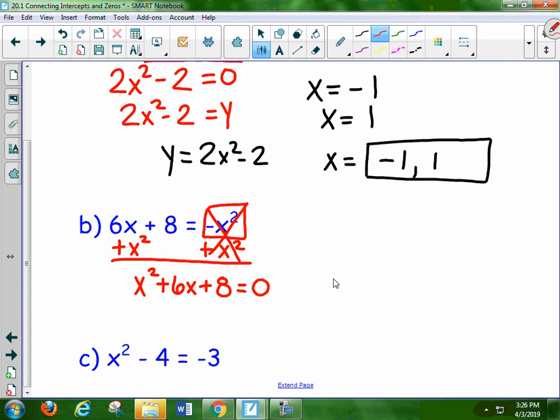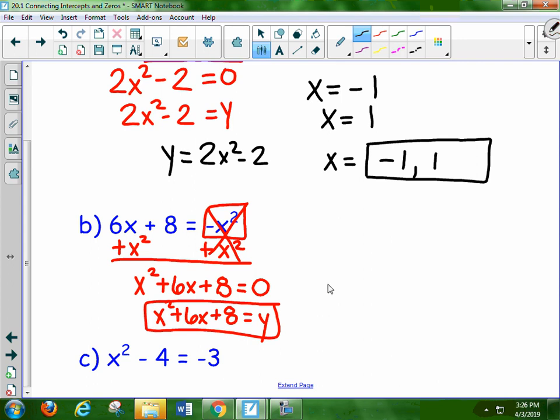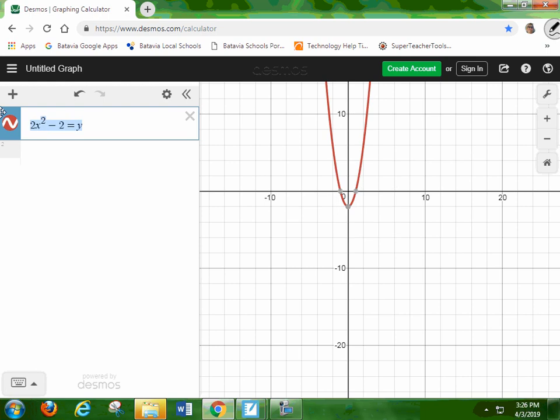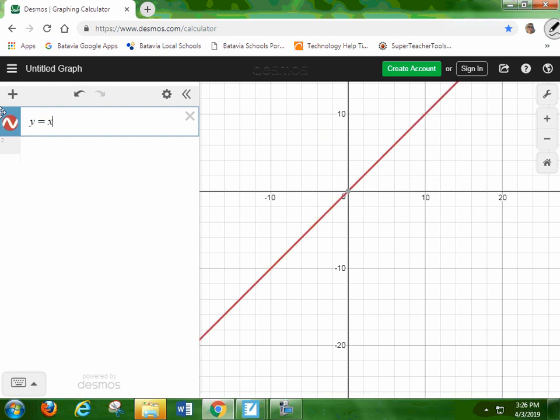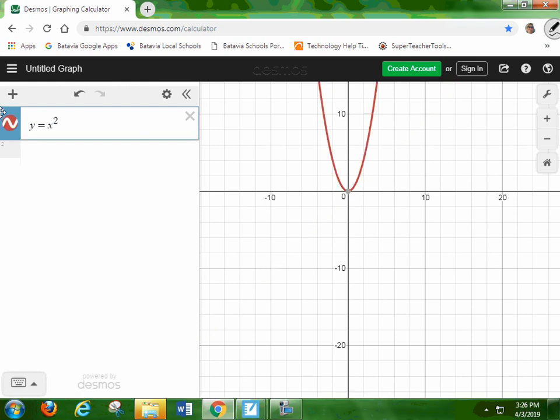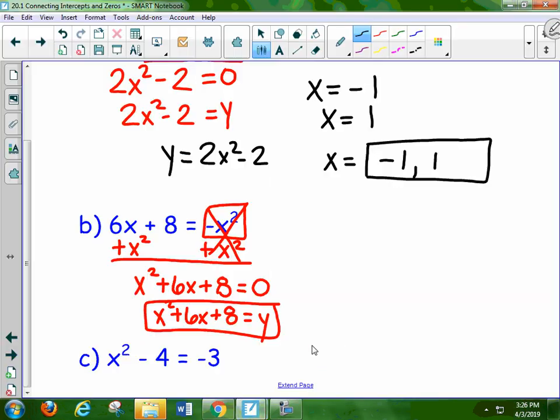Now this is what I can put, well, after I change it and set it equal to y. So here I would actually have x squared plus 6x plus 8 is equal to y. And that's now what I'm going to put into my Desmos. So if I pull up Desmos, I'm going to change this. And again, I could do y equals x squared plus 6x.